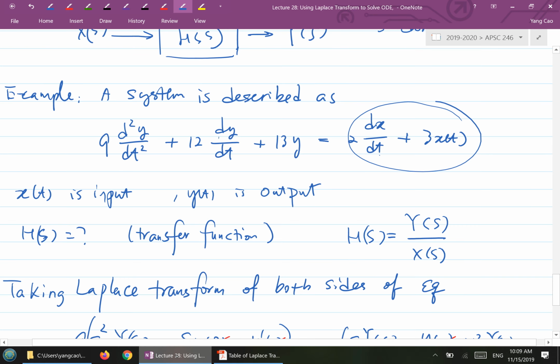Even if the question gives you initial conditions, the question maybe states like this: a system is described like this, y'(0) equal to 1, y(0) equal to 2, for example, right? So I will purposely trick you. I give you the initial conditions, but when you're looking for the transfer function, assume all initial conditions to be 0. So you have to do that, okay?